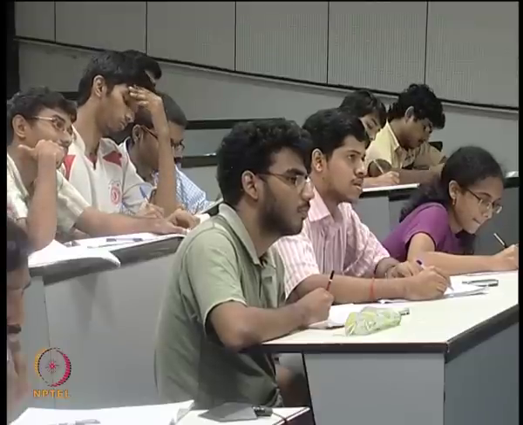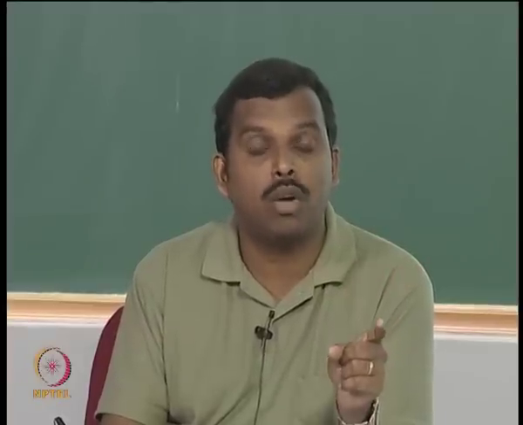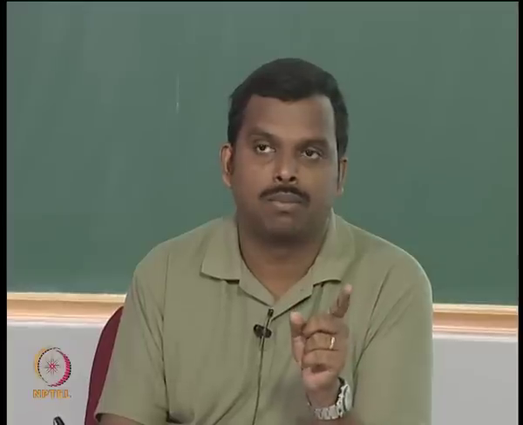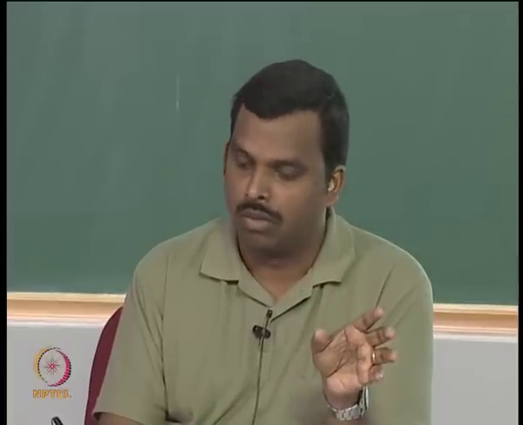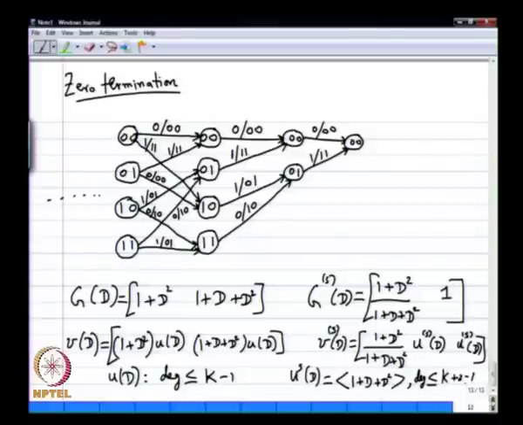I can add the mu, k plus mu minus 1 I can go to, but it should be a multiple of 1 plus d squared. So, I have to take Us of d, a multiple of 1 plus d squared, degree less than or equal to k plus 2 minus 1. The reason I am writing it as k plus 2 minus 1 is to bring out the memory explicitly. If memory is mu, it is going to be k plus mu minus 1.